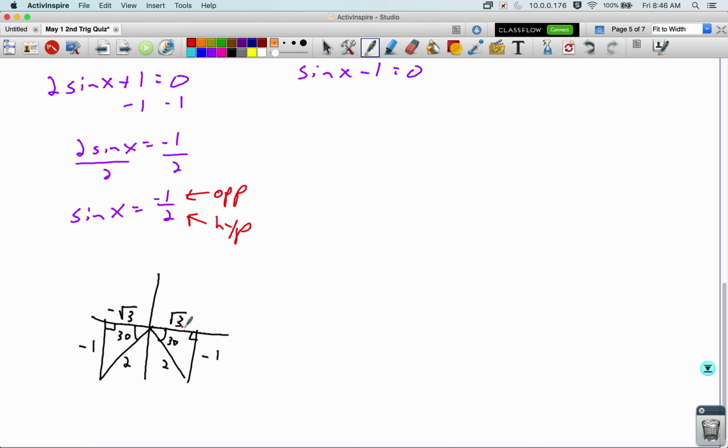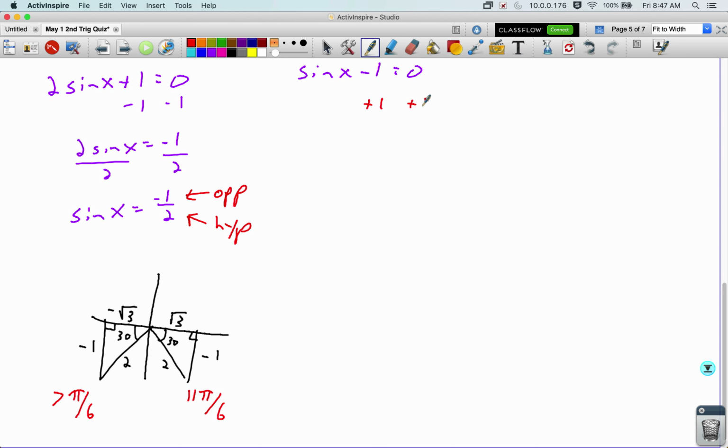And I want to give my answer in radians, so that's pi over 6. So this angle here is 7 pi over 6. This one here is 11 pi over 6, just short of the 12 pi over 6, which would have been 2 pi. Both of those get a plus 2 pi n, but let's go finish solving this one.